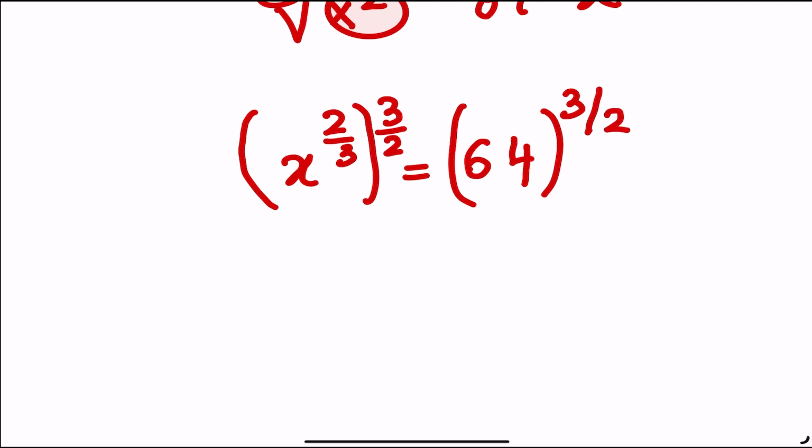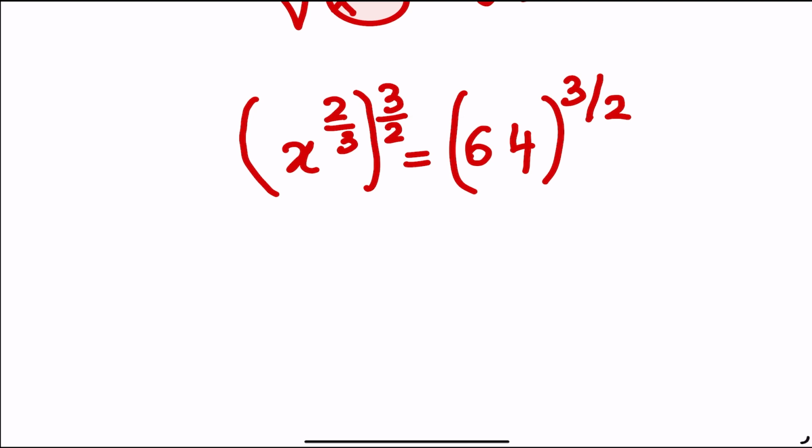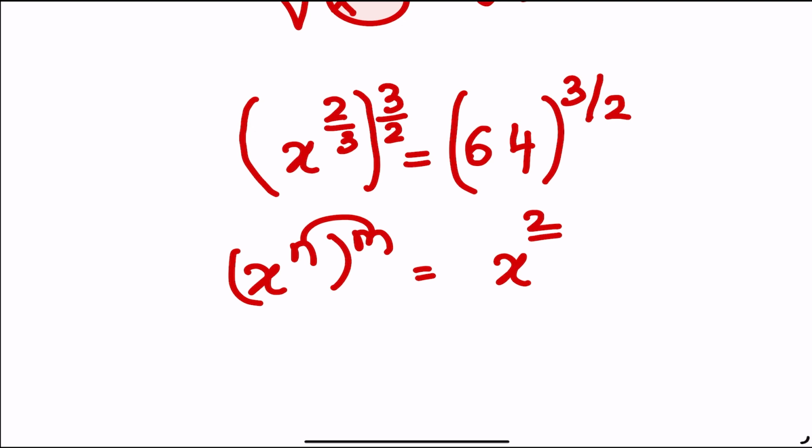And now look what we have. When I raise x to the power n to the power m, what do you do with the powers? You multiply the powers. That's exactly what you do. X to the power 2/3 times 3/2: the 3s cancel, the 2s cancel. What do you end up with? X to the power 1.